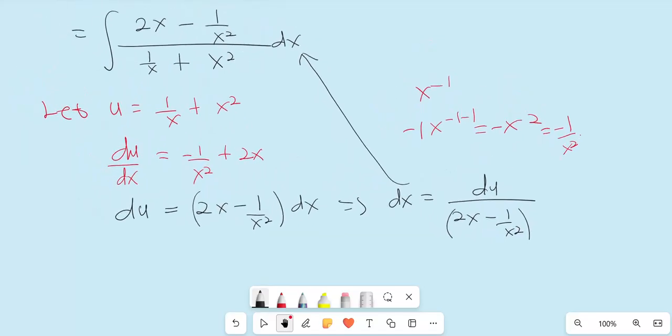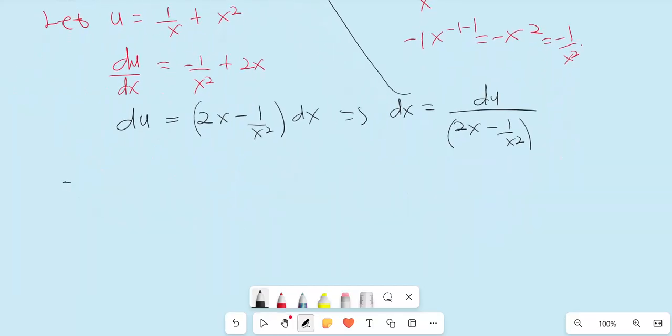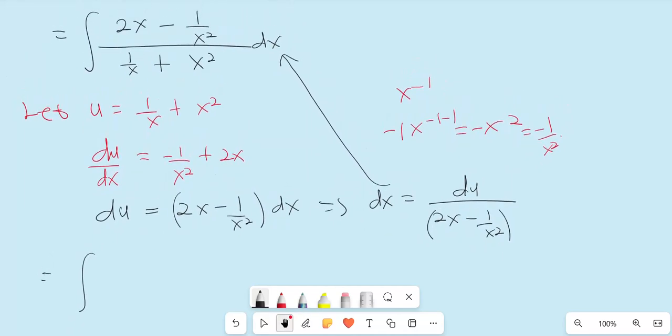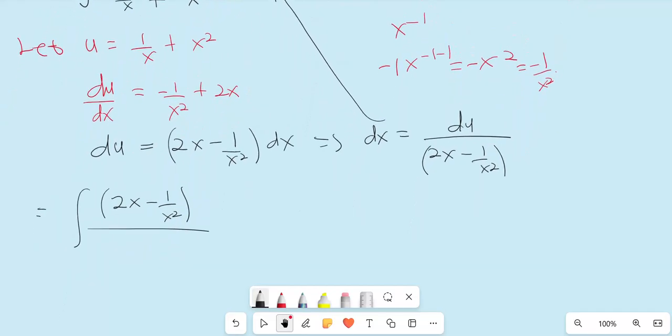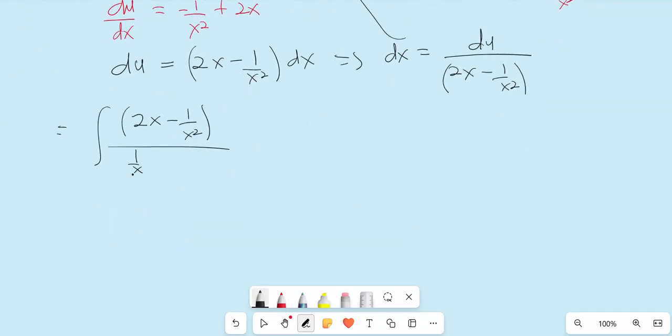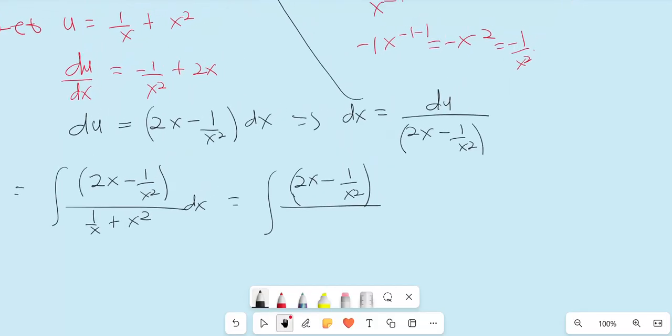So our integral, which is the integral of 2x minus 1 over x squared all over 1 over x plus x squared dx is equal to the integral. I'll maintain the numerator for now, divided by 1 over x plus x squared from our u sub.